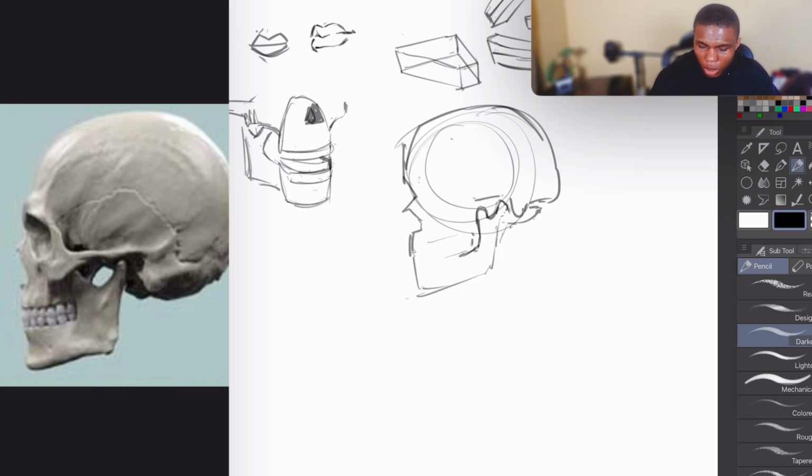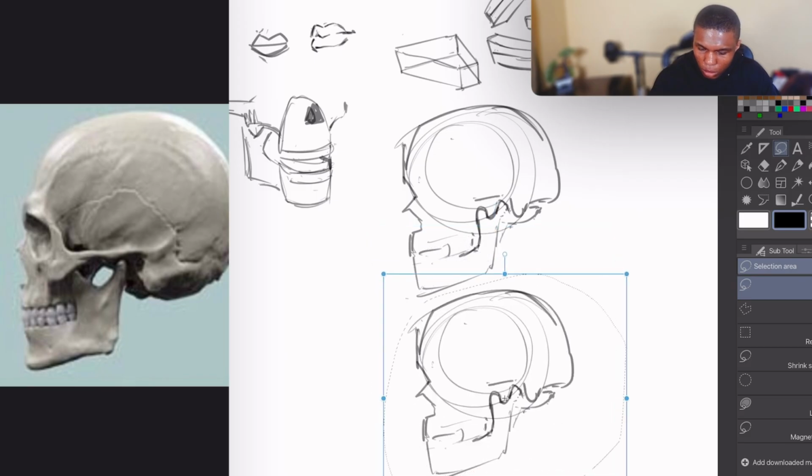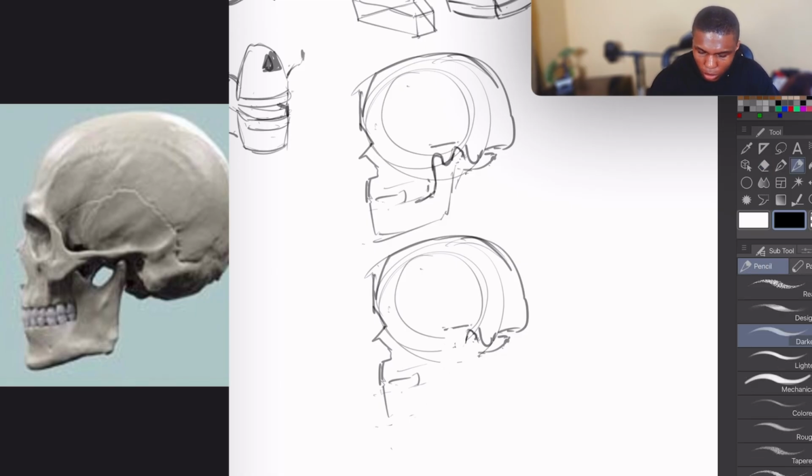What that means is that when you are drawing the skull, the mouth is going to move like this.